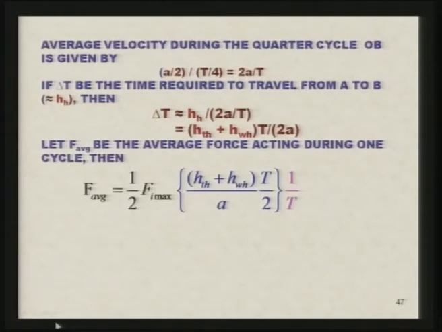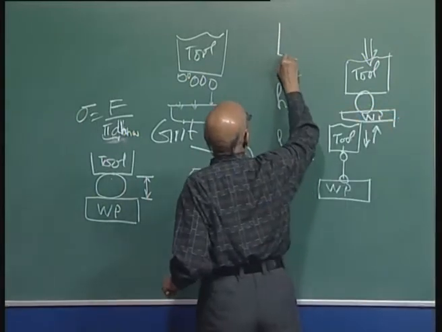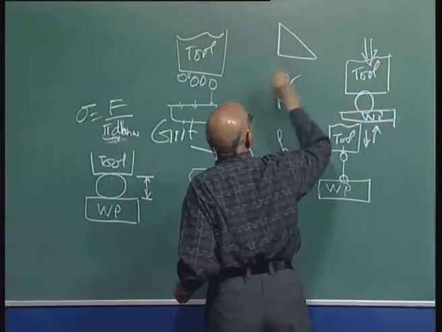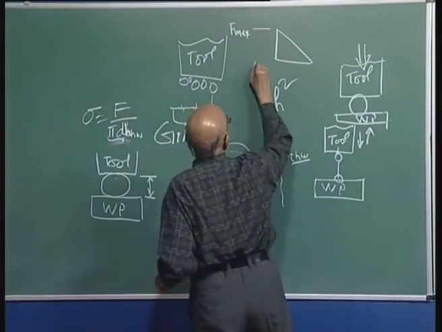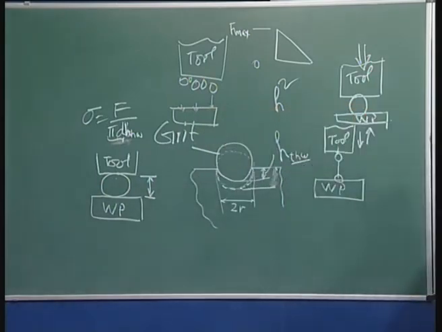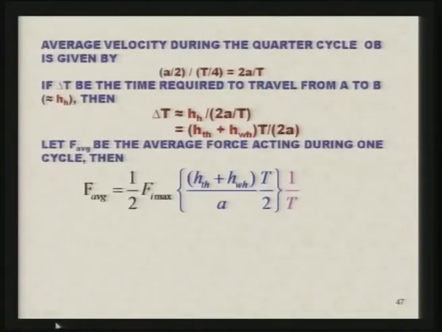Since there is a triangular force variation that we have assumed, the average will be F maximum divided by 2, that is the first term. And (h_T + h_W) multiplied by T divided by 2A gives you the time delta T during which this force is acting, and capital T is the cycle time. So, this will give you the average force.